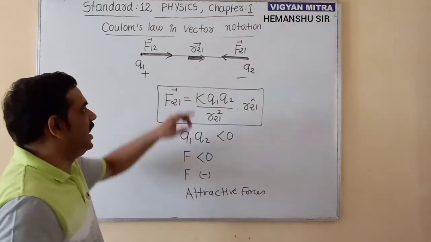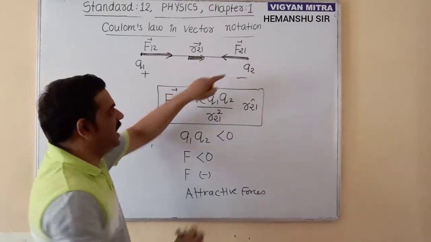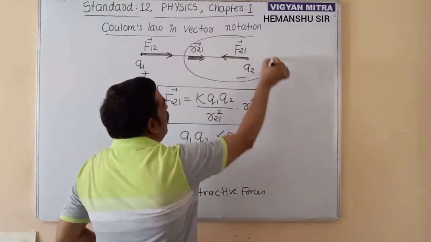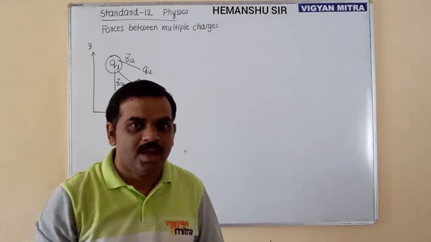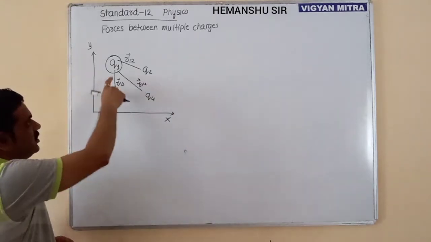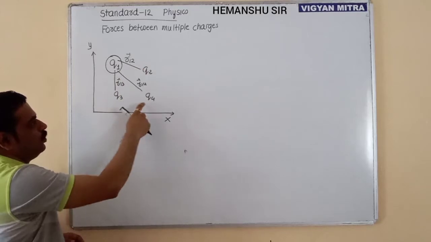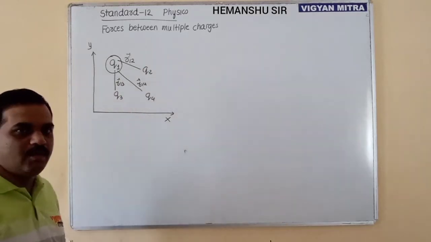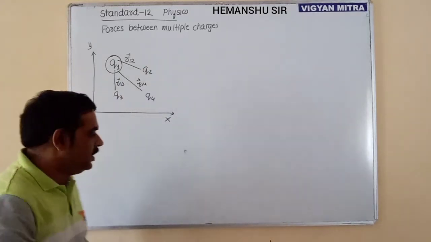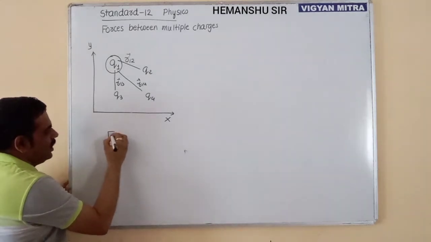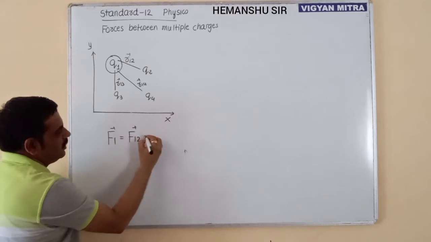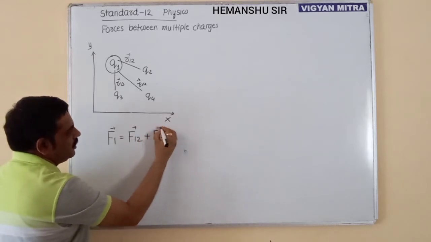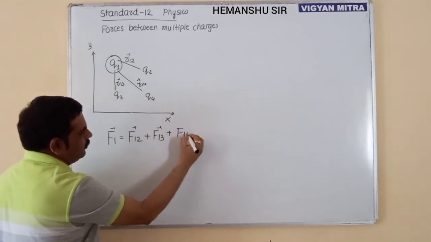Here we can say that r21 vector and f21 vector are in opposite direction. Forces between multiple charges. Suppose there are 4 charges in the system q1, q2, q3 and q4, and we require the force on charge q1. Then the force on charge q1 is given by equation F1 is equal to F12 vector plus F13 vector plus F14 vector.